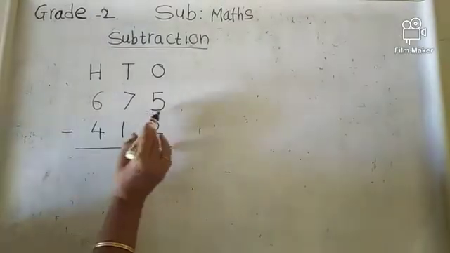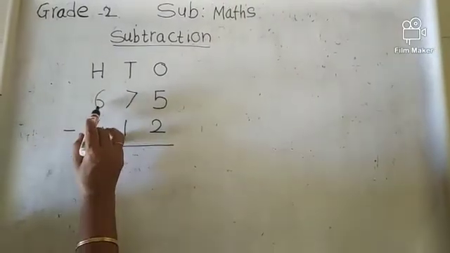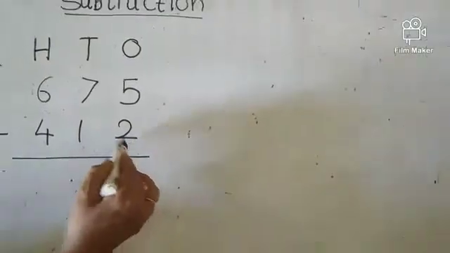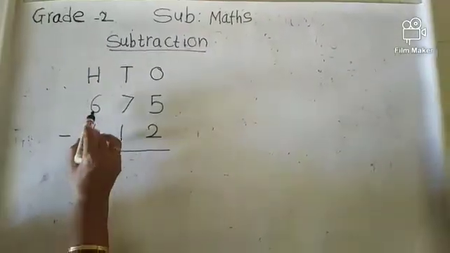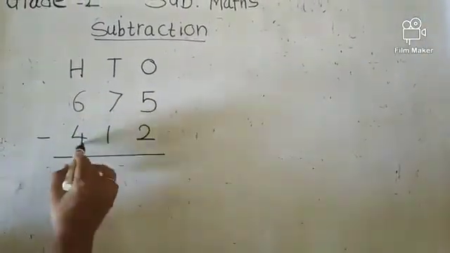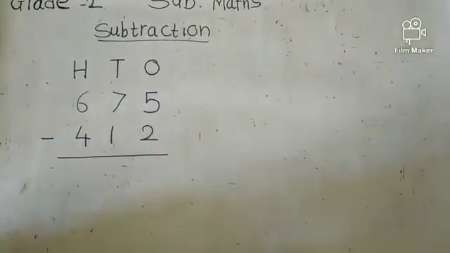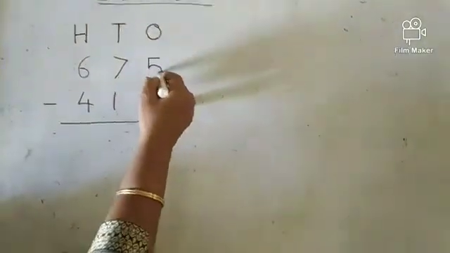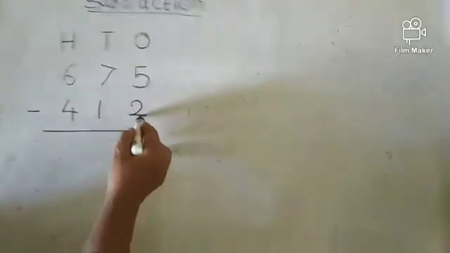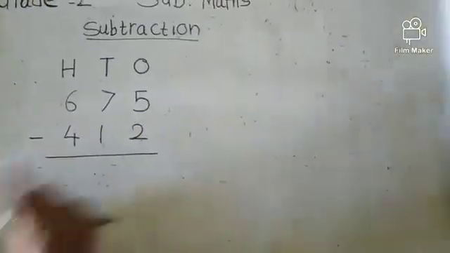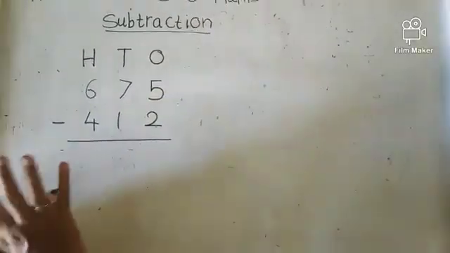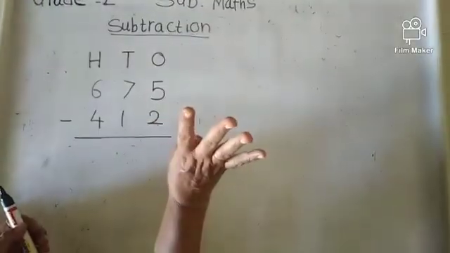Let's see another example. Look children, here is a 3-digit number and again a 3-digit number. Means we have to subtract 3-digit numbers from 3-digit numbers. Okay, let's see. Here in ones place, here is number 5 and here is number 2. So we can subtract 2 from 5. Tell me, 5 minus 2, 1 and 2.